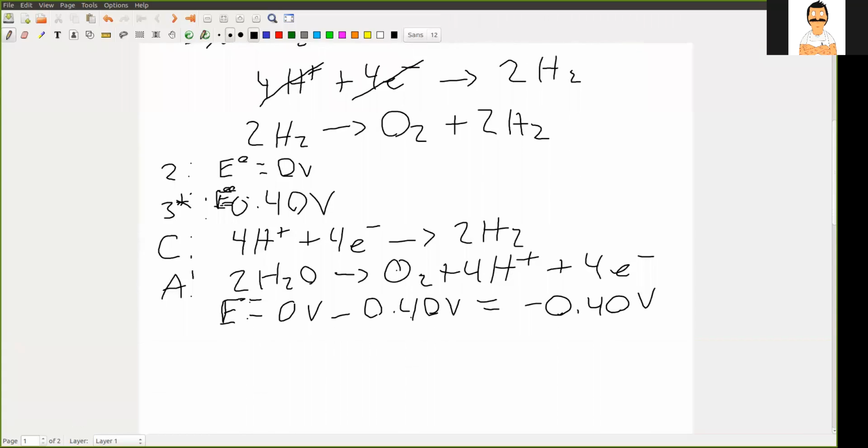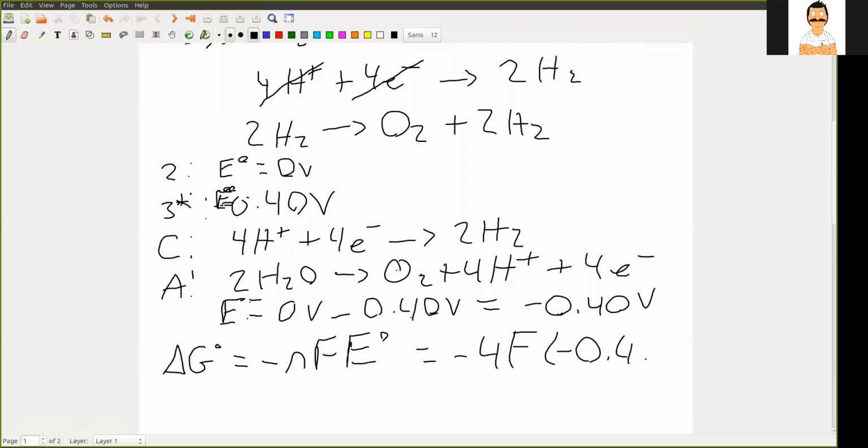And then if we compare that to our change in Gibbs free energy, we would have negative 4 times our Faraday constant, which I don't need to write out, times negative 0.40 volts. The Faraday constant is positive and pretty much 96,500 in its reduced form.